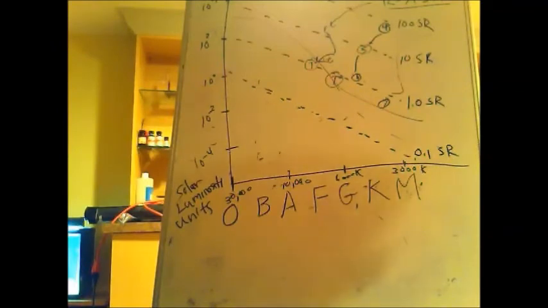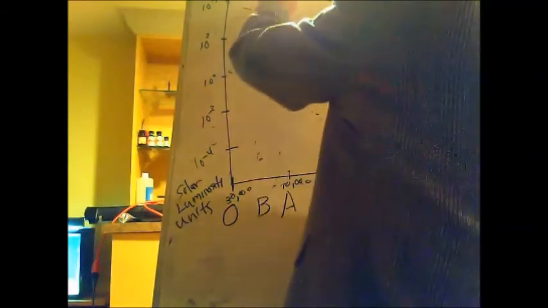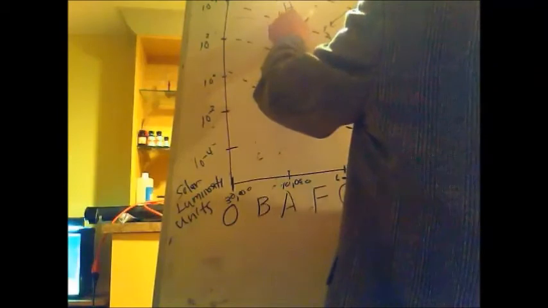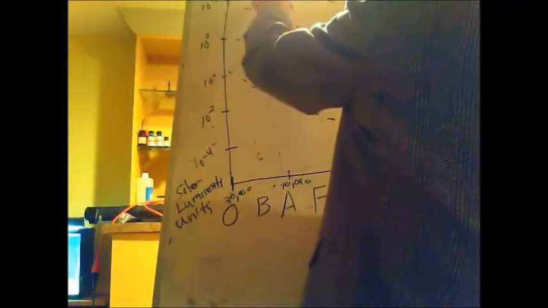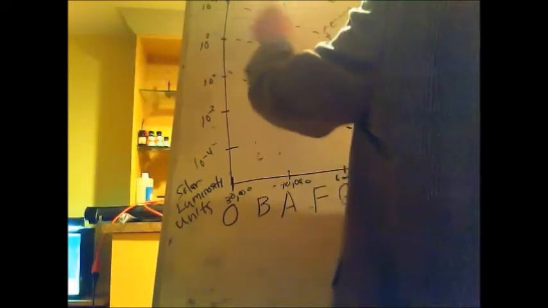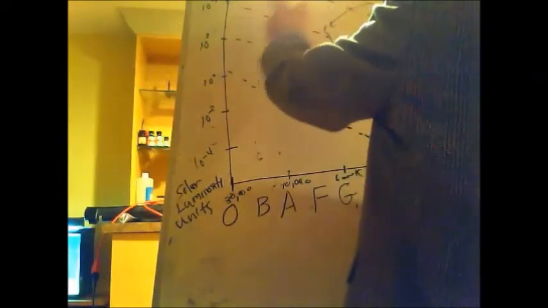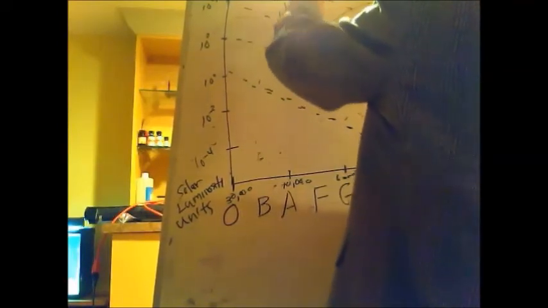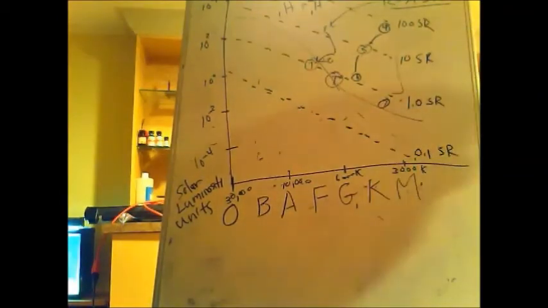However, their core temperatures are hot enough to induce fusion of deuterium. Remember, hydrogen has 1 proton and no neutrons, but the deuteron has 1 proton and 1 neutron. So it requires less energy to fuse deuterium than it does to fuse hydrogen, to fuse protons.